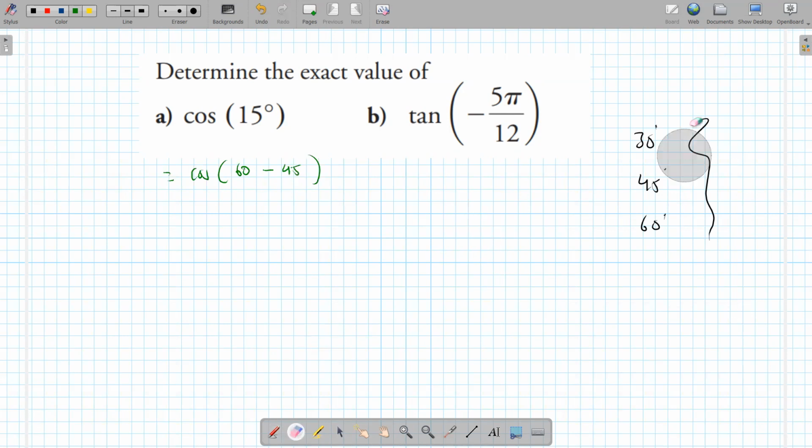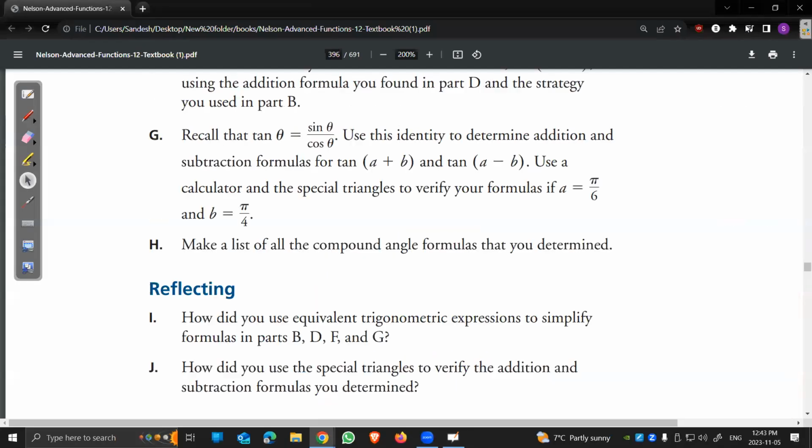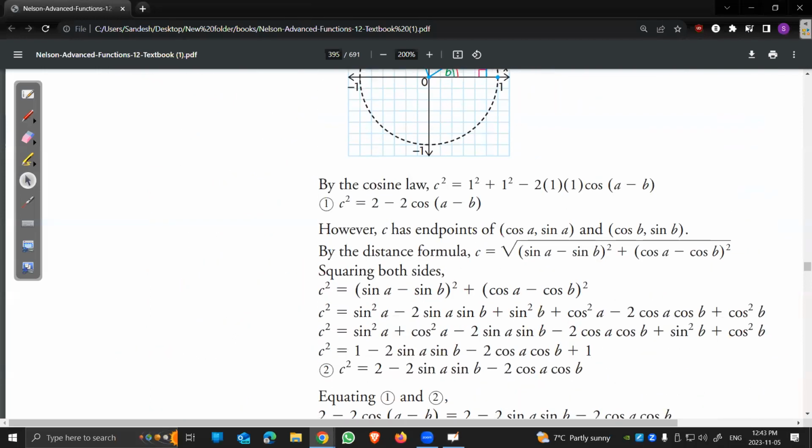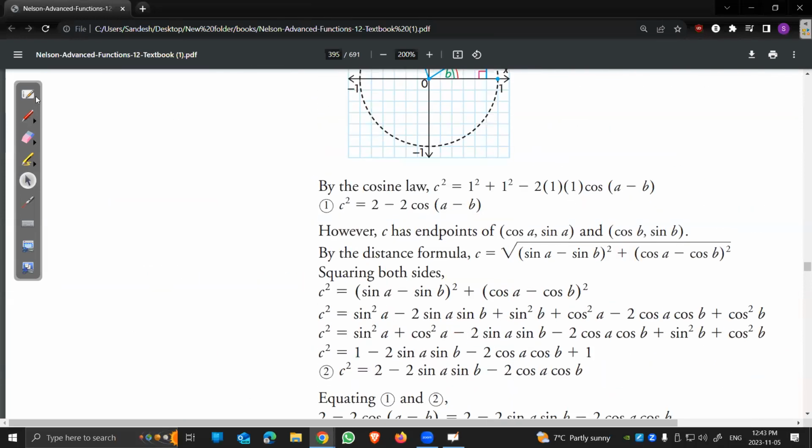Now, there's some formulas, and they're always super fun. They're giving it to us here. I can give it to you.